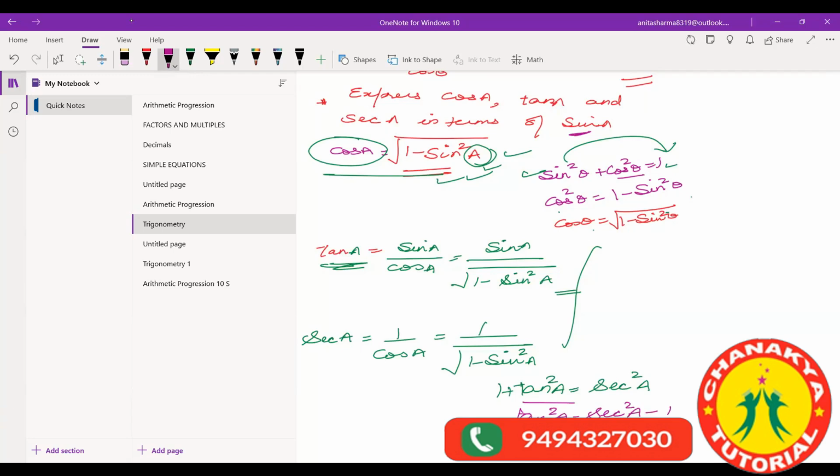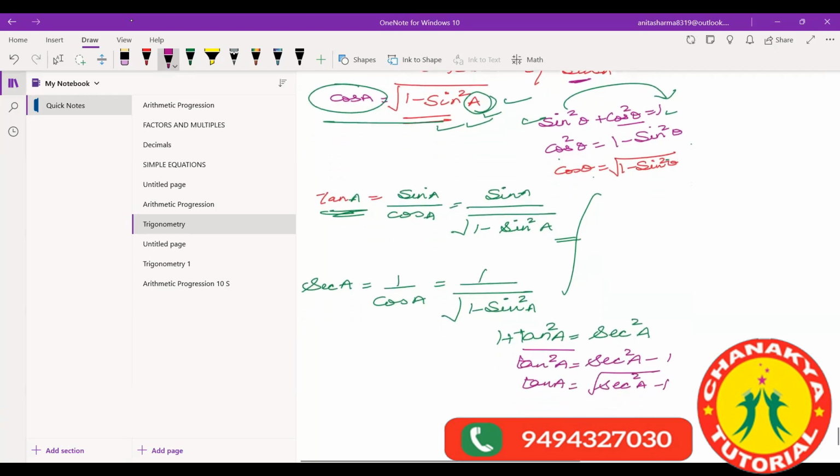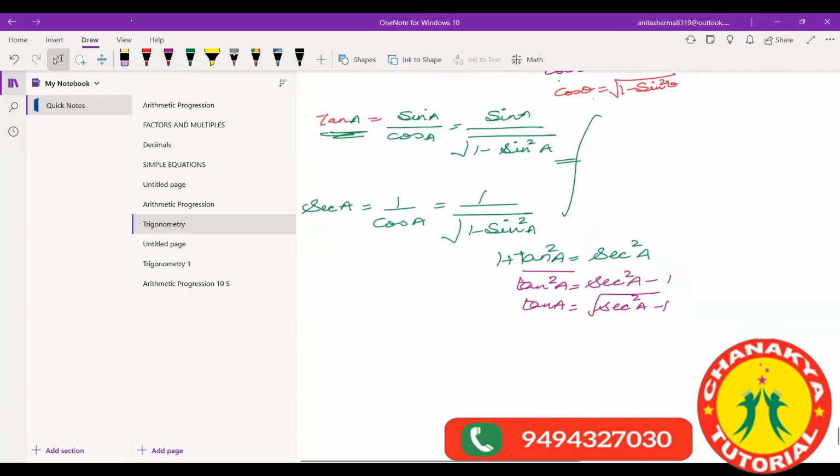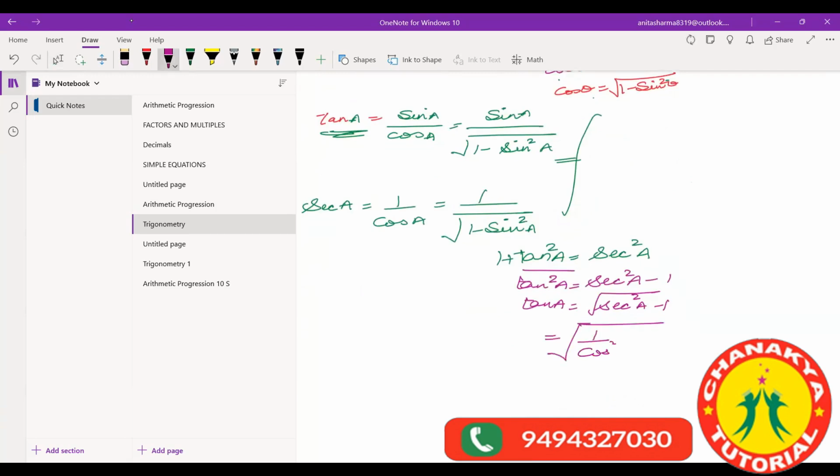And what about your secant square A? It is the reciprocal of cos square A, right, beta? Yes, ma'am. So it is 1 upon cos square A minus 1. Now you will write under root 1 minus cos square A upon cos square A, right, beta, after taking LCM? Yes.